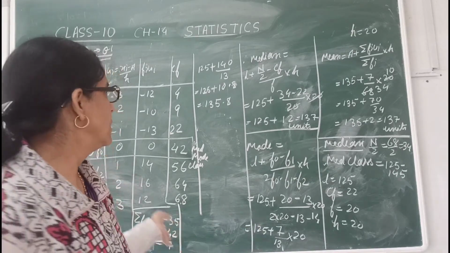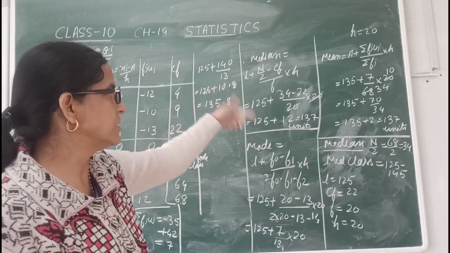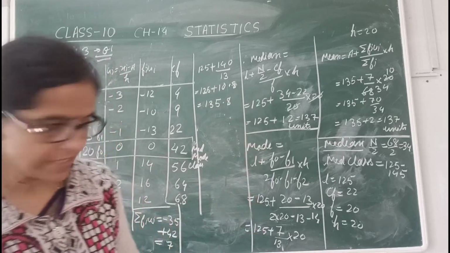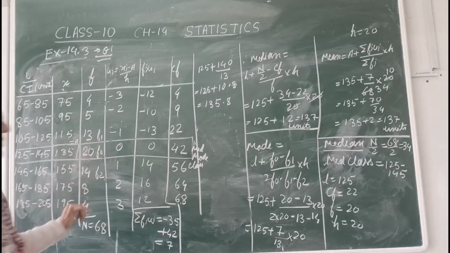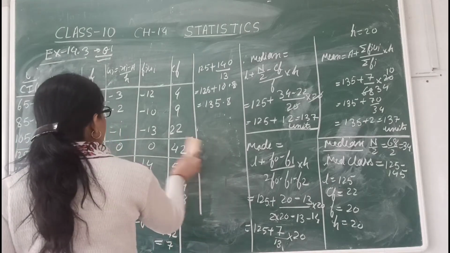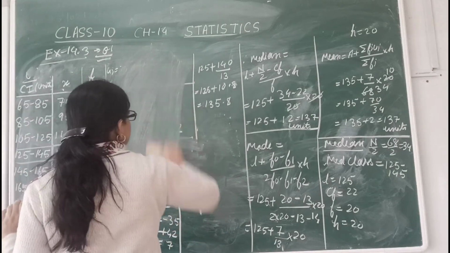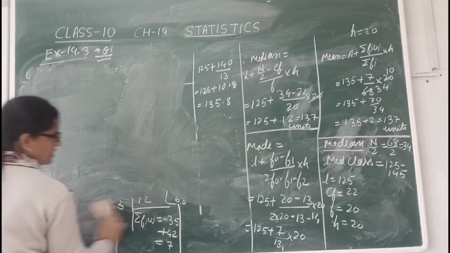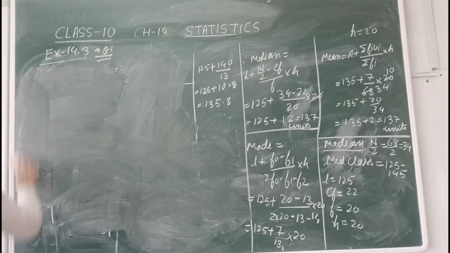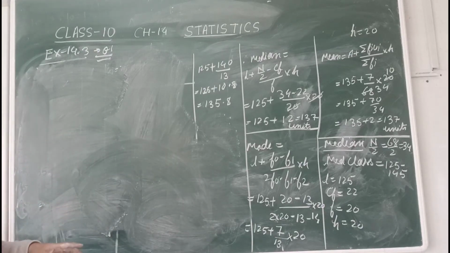Now in this sum, if we have to find the mode using the empirical formula, that also we can find. So let me find that also. This sum is complete. That extra part I am doing. So I am having all this. Let me calculate the mode using the empirical formula, not by the formula.